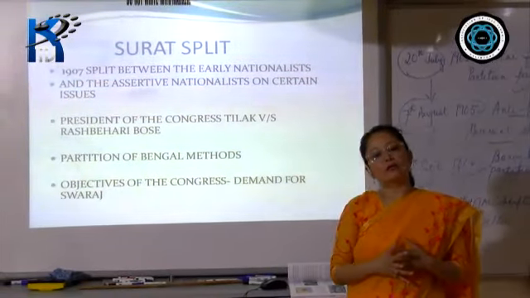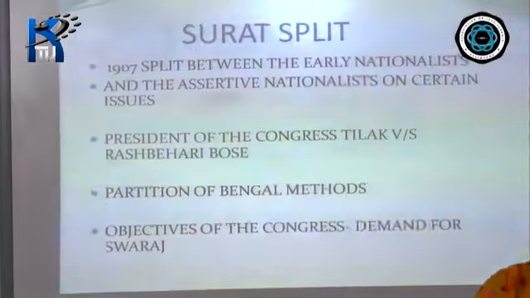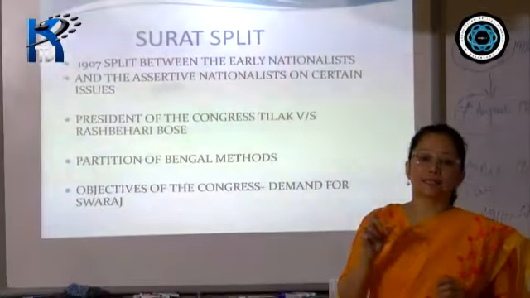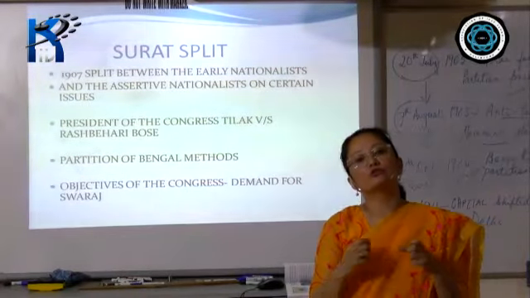After the partitioning of Bengal, in 1906, the Muslim League was formed. I will do that in the next chapter. But in 1906, there was a session held in Surat.